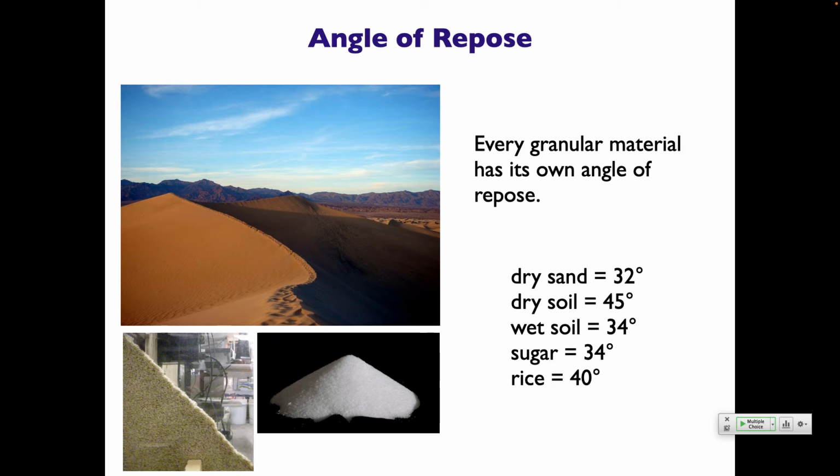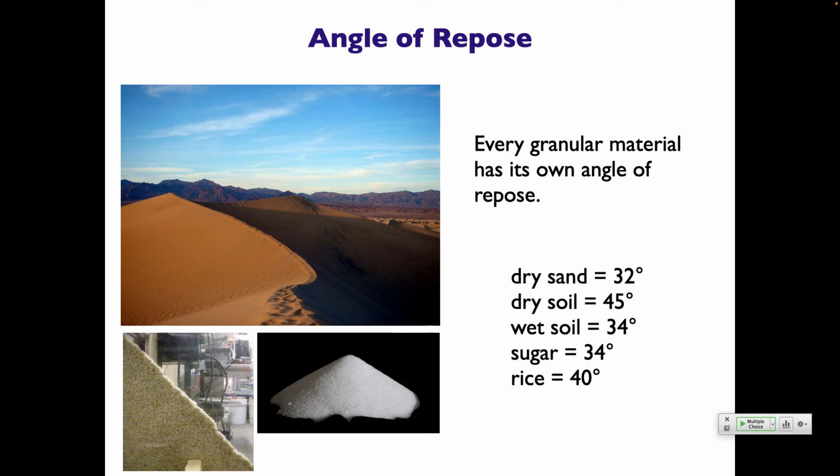So every granular material has its own angle of repose, meaning if you make a little mountain out of it, the angle that mountain has at its peak is going to be dependent on the material of the grains that you're using. So for instance, dry sand has an angle of 32 degrees, soil 45, wet soil is 34, sugar is 34, and rice is 40 degrees.